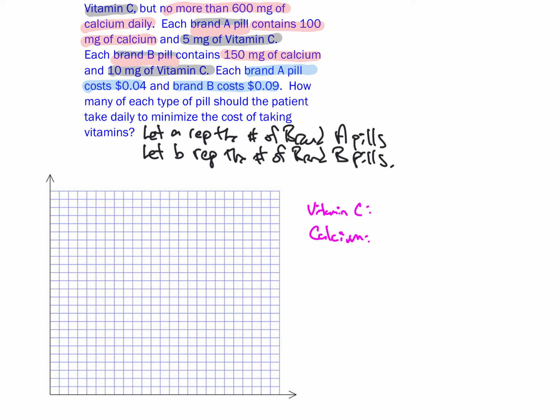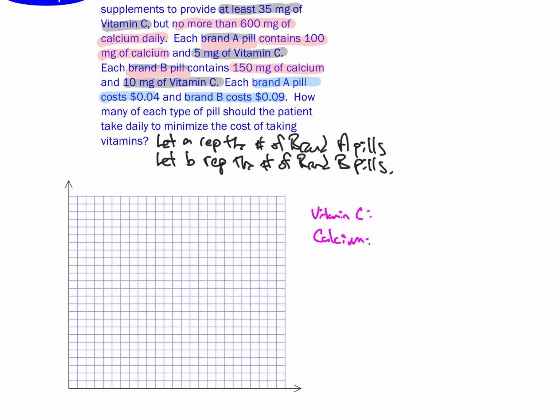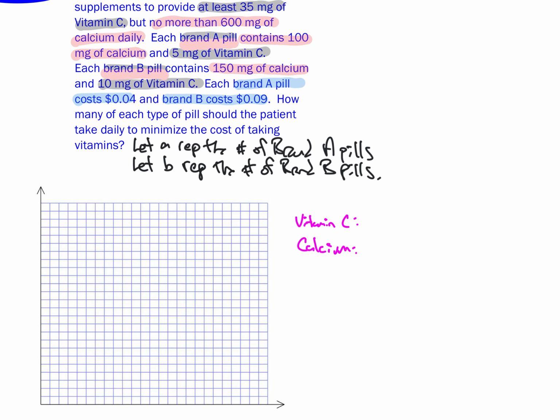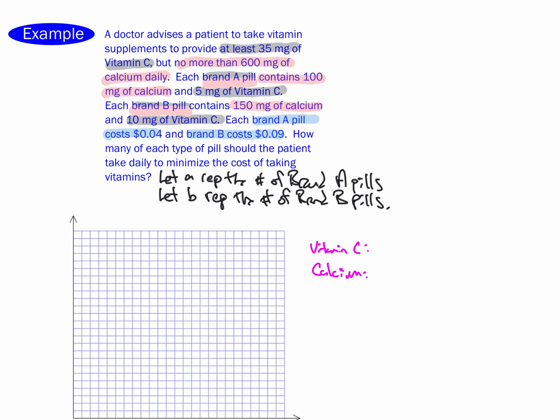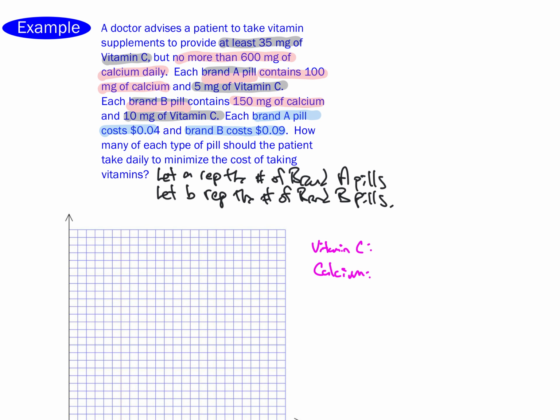All right, so let's look at the vitamin C first. We want at least 35 milligrams, so we want the vitamin C to be greater than or equal to 35. A brand A pill contains 5 milligrams of vitamin C, so that's 5A plus 10B.